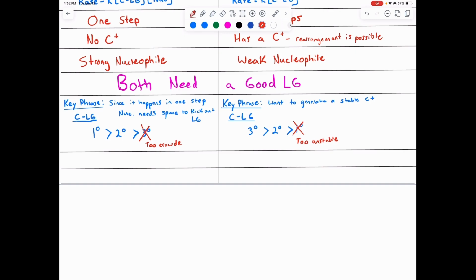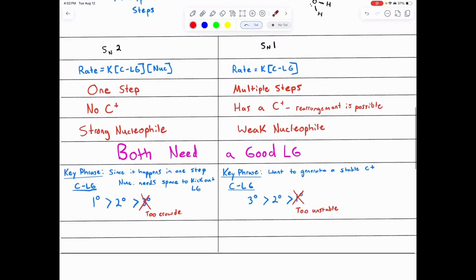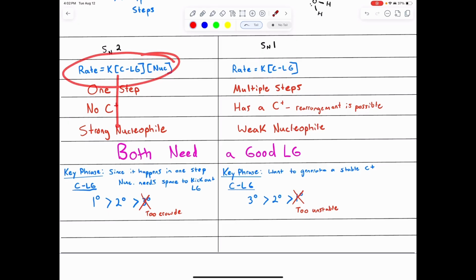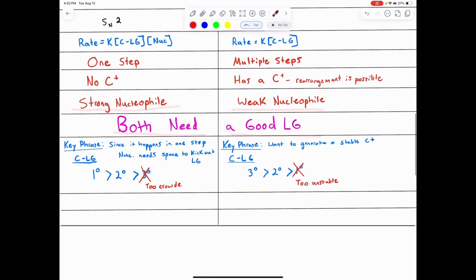So as we wrap this video up, here's what I want you to see. Everything hinges upon knowing your rate law, because the rate law explains what's going on in these steps here and the trends that we see with these reactions. And two, what I want you to see as well is if you have a primary leaving group, you're pretty much guaranteed to go SN2.